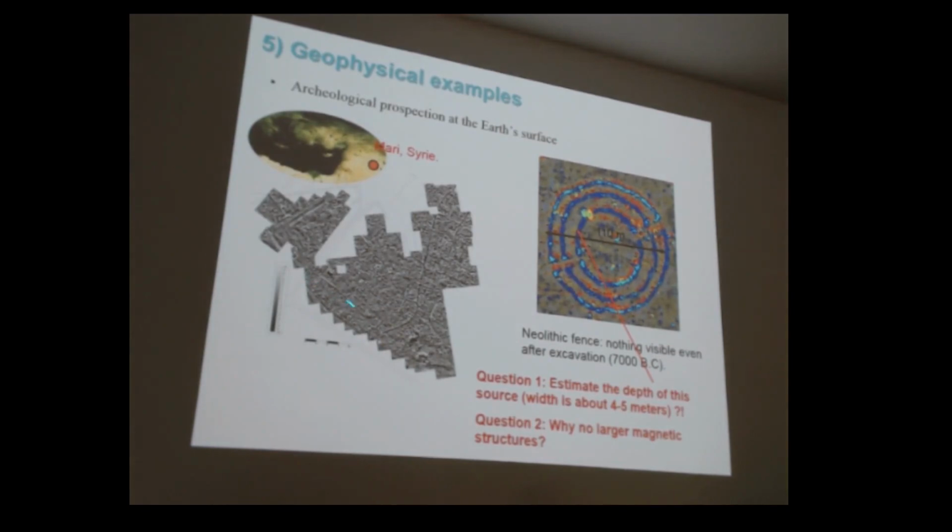And you see that there are a lot of signals here. This is very helpful for archaeologists because on the ground, of course, it's covered by sand. You can distinguish some things, but you don't know exactly what is important from what is not.